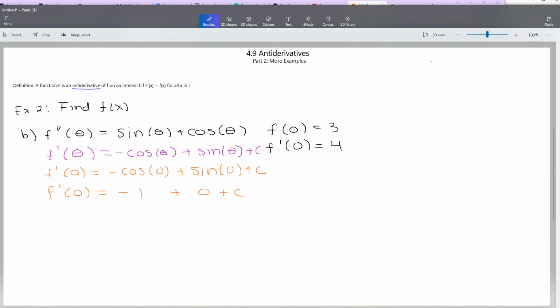And f prime of 0 should be 4. So I have negative 1 plus c, or c equals 5. So I'm going to go back to my first derivative, f prime of theta, and put in that c was 5. So I have minus cosine theta plus sine theta plus 5.